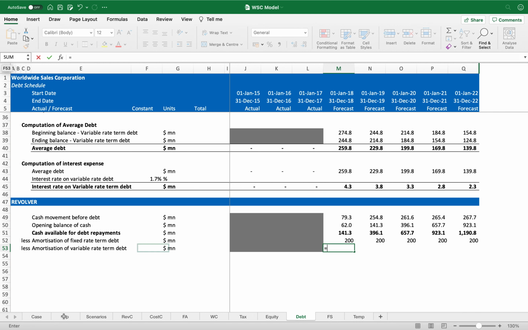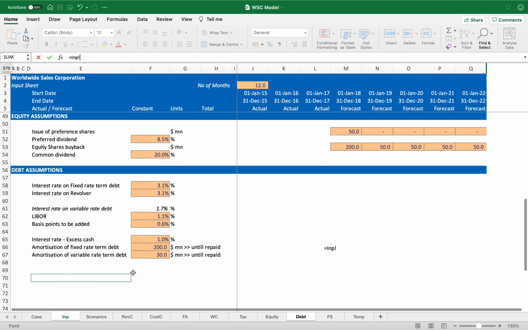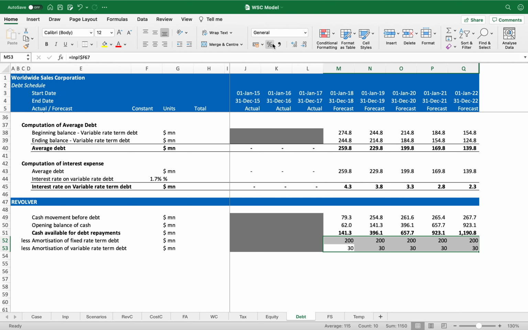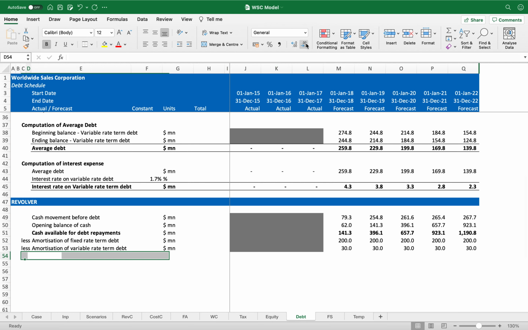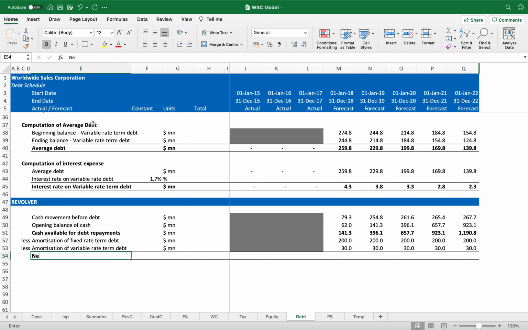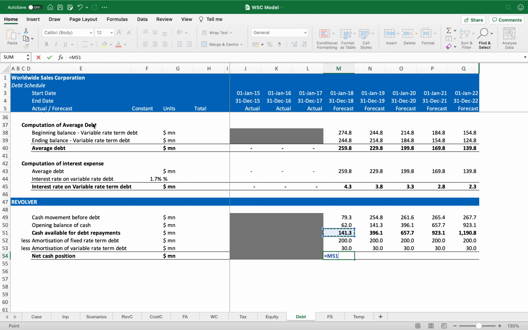Then 30. You can also link it from above, that's fine here. Now this is my net cash position. Now this is my net cash position. So cash available for debt repayments minus payment for fixed debt minus payment for variable debt.